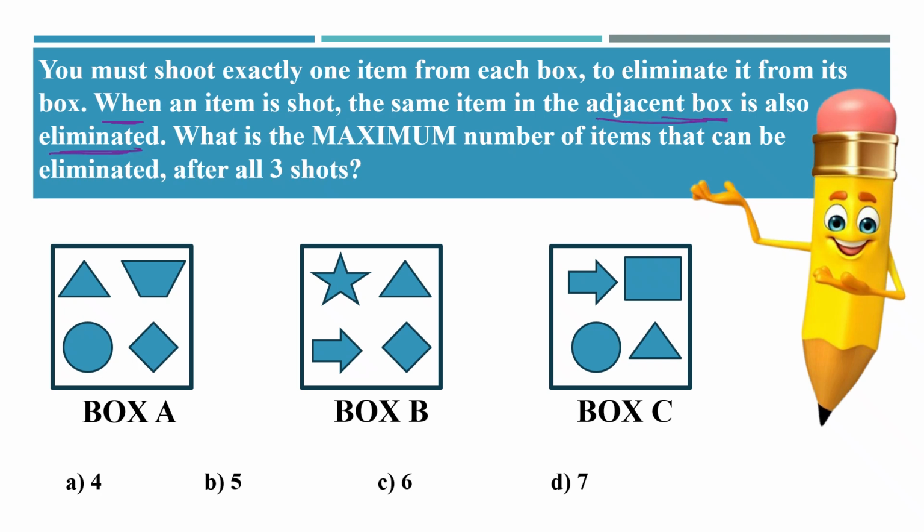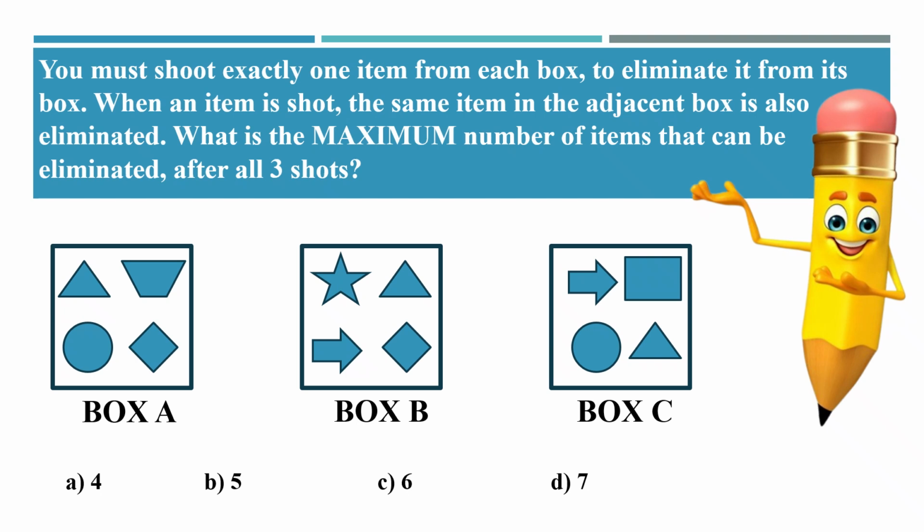If I shoot the triangle here, the triangle in the adjacent box disappears. What is the maximum number of items that can be eliminated after all three shots? Good one. That means we have three chances. We need to remove as many shapes as possible.